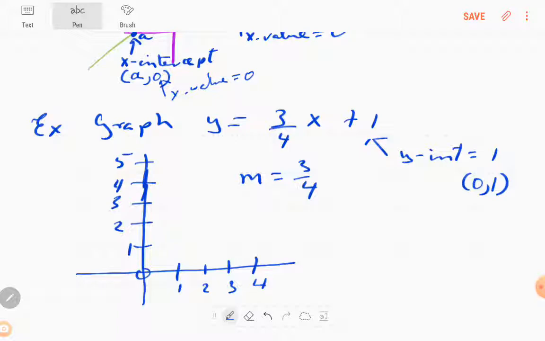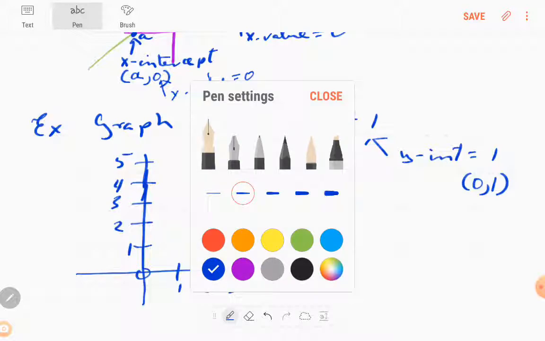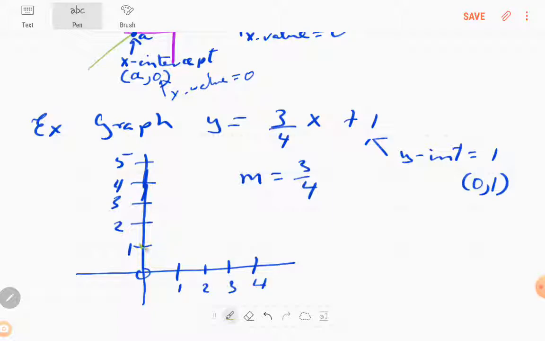Okay, so we'll start at (0, 1), the point of our intercept. Now this is the change in y, and it's positive, and this is the change in x. So here we can go up 3 units, 1, 2, 3, and then move to the right 4.